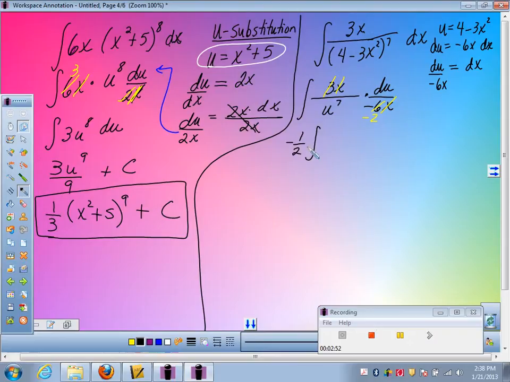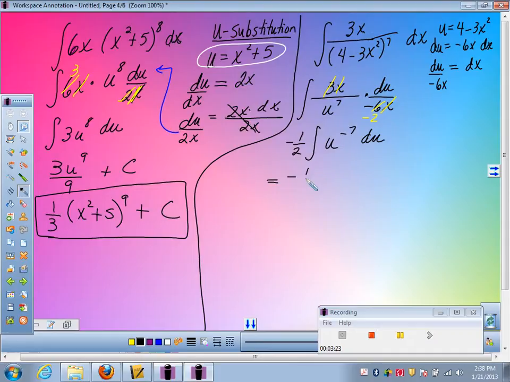Do I want to leave the u to the 7th in the denominator? Can you do the power rule when it's down on the bottom? No. You've got to bring it up to do the power rule. So we have to have u to the negative 7th. And once again, it's a whole lot cleaner once you get that substitution done. So now can you do power rule?